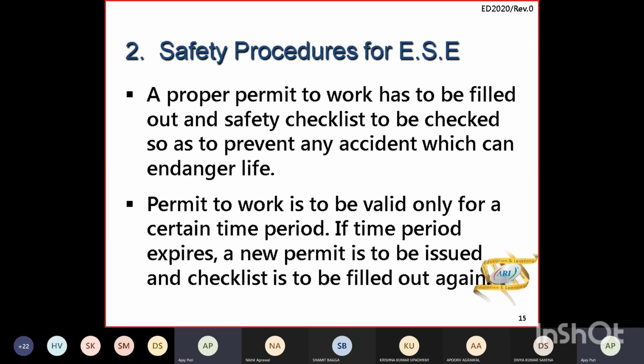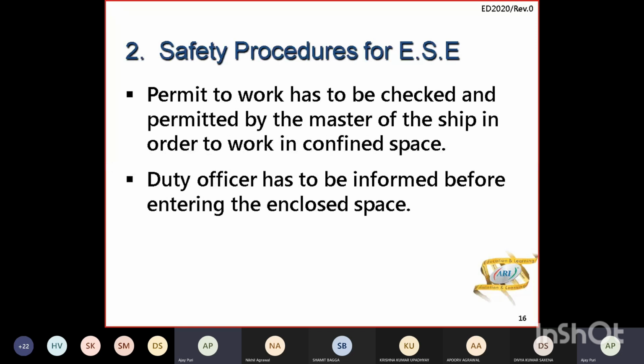So permit to work has to be valid only for a certain time. And if the time period expires, a new permit has to be issued, and the checklist is again to be filled up. Permit to work has to be checked and permitted by the master in order to work in confined spaces. And duty officer has to be informed before entering the enclosed space.